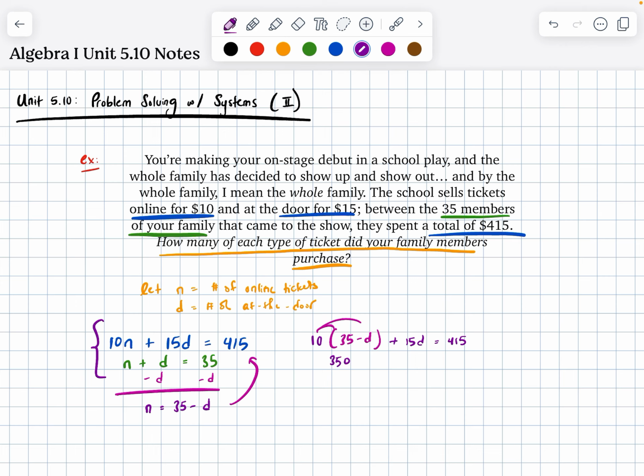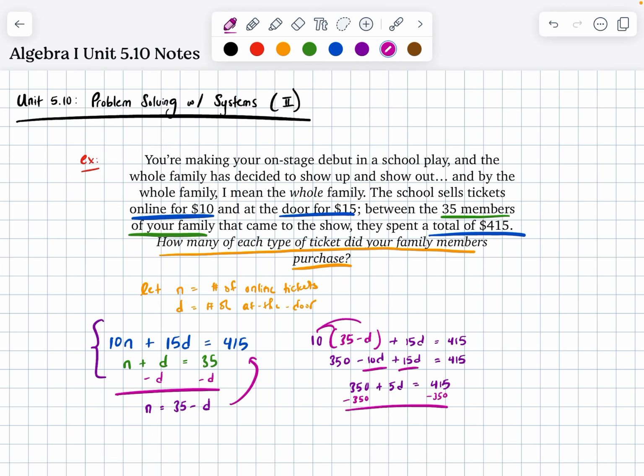Starting off by doing some distributive property, 10 times 35 is 350. 10 times negative D is negative 10D, plus 15D equals 415. Notice I've got some like terms on the left side that I can combine. This would give me 350 plus 5D. That is equal to 415.